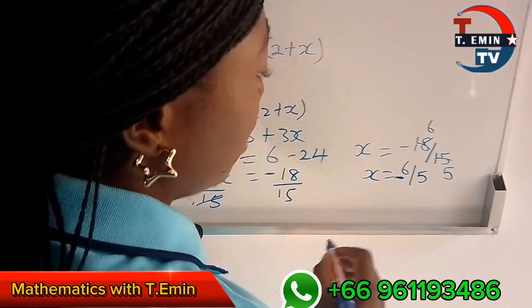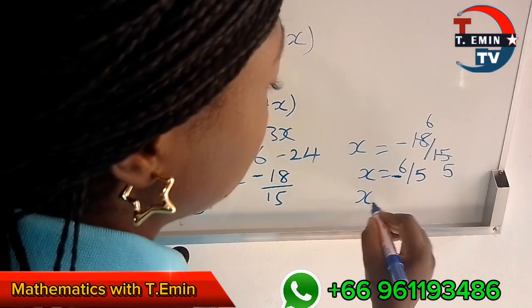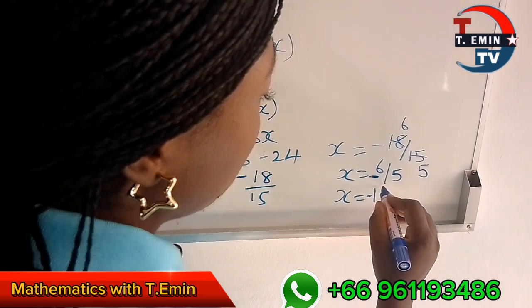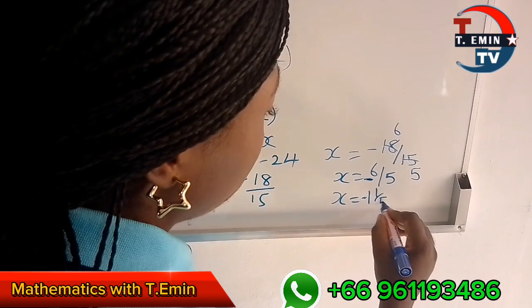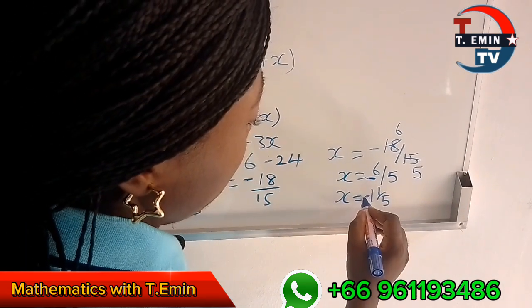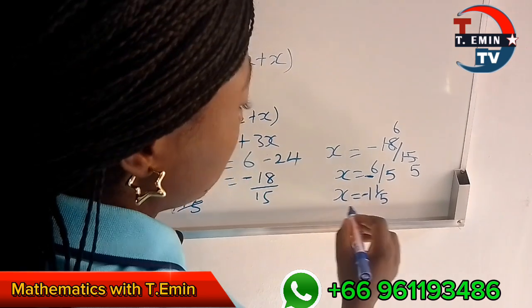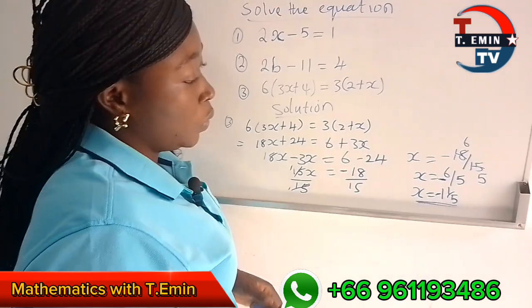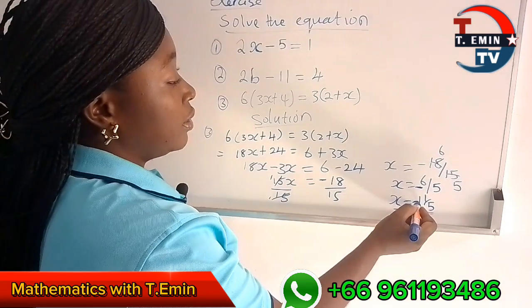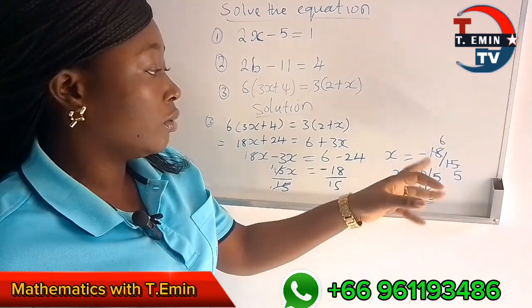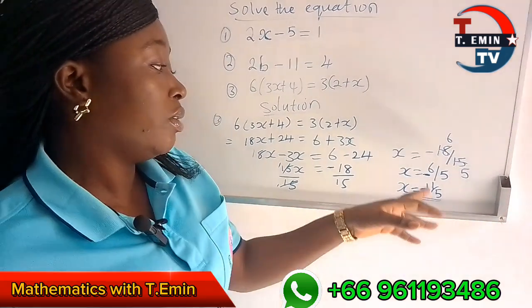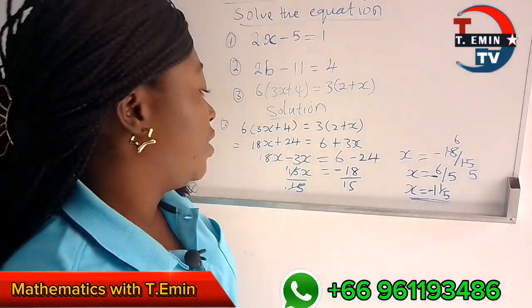Negative 6 on 5, or x is the same as negative 1 and 1 over 5. Don't forget, without the negative, you won't get your answer. So our final answer is negative 6 on 5, or negative 1 and 1/5.